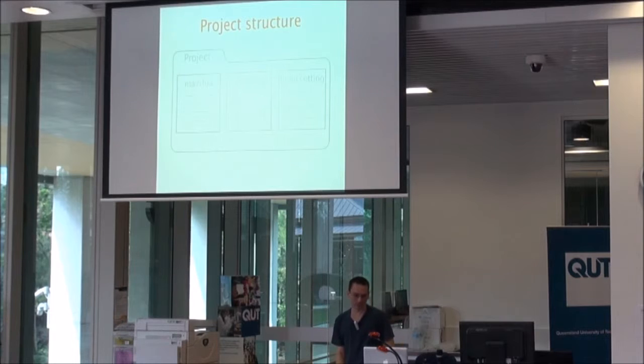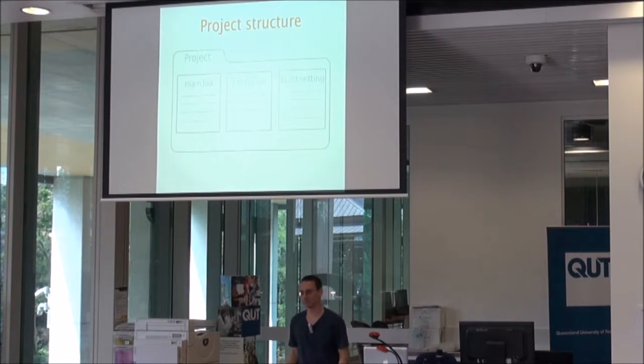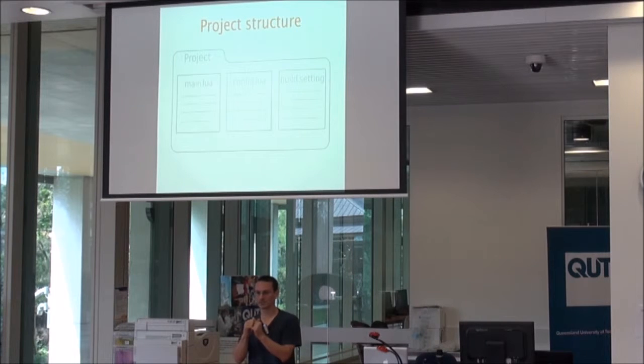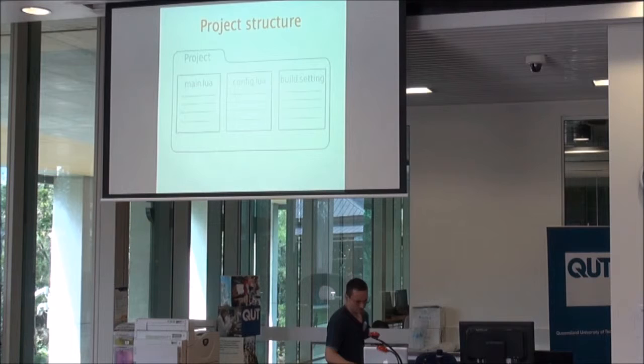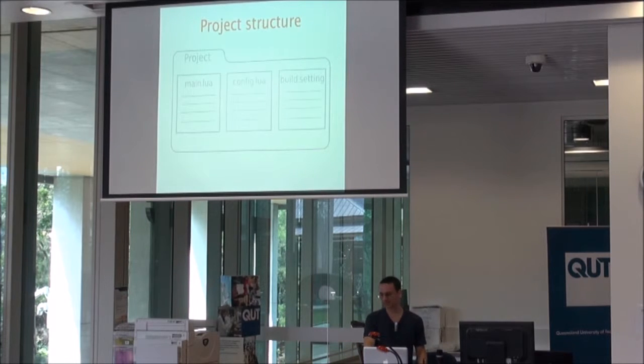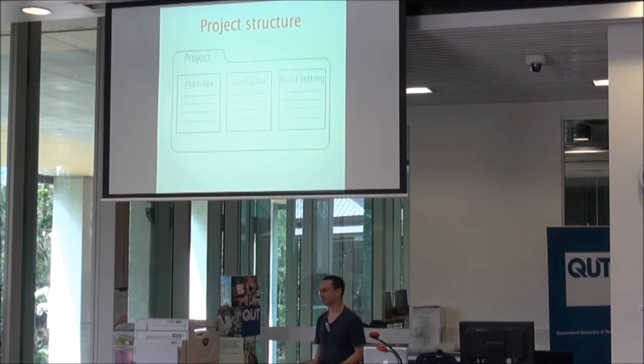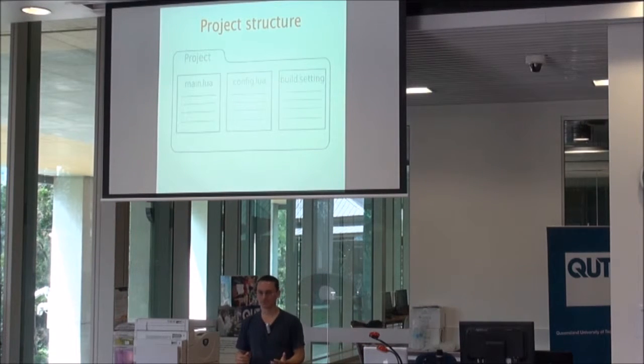The project structure is that you have a main file, which is the entry point for your application. Then you have a configuration file, a settings file, which holds the most basic settings for your project. It's very counterintuitive sometimes when you start.